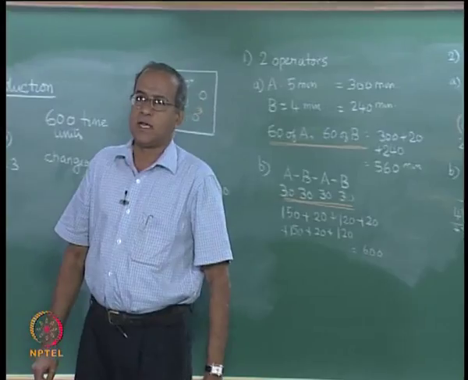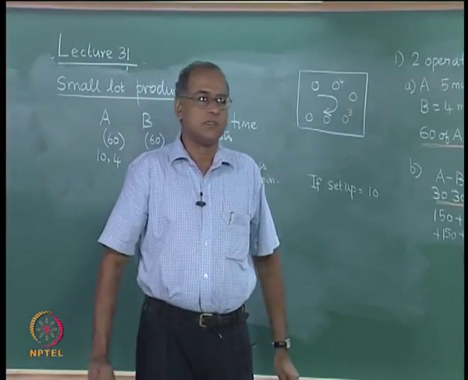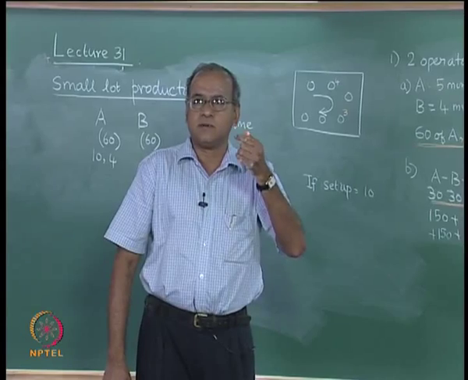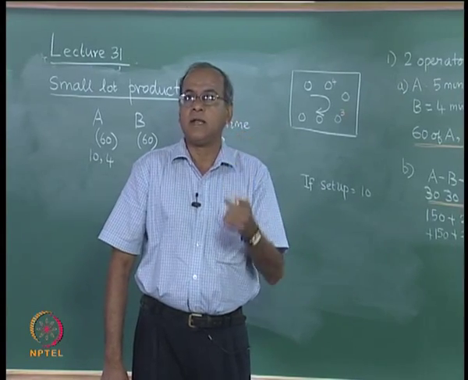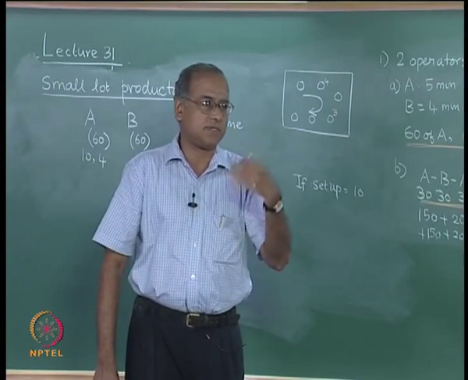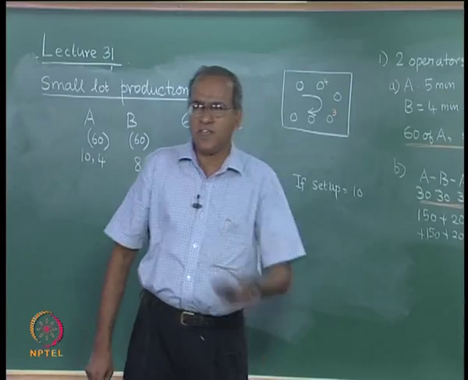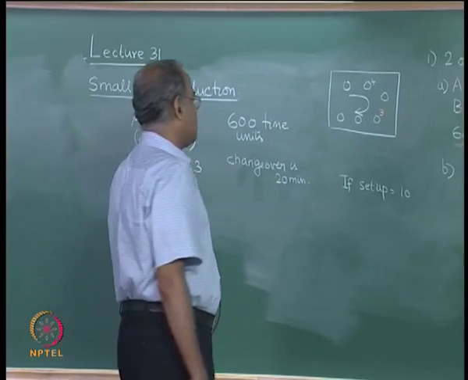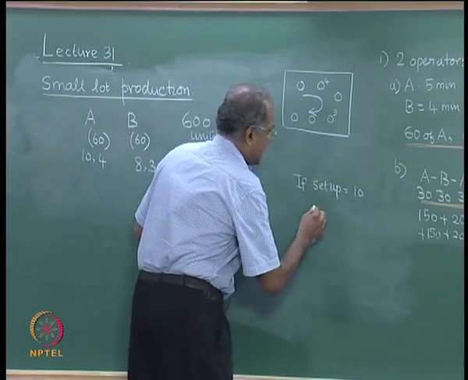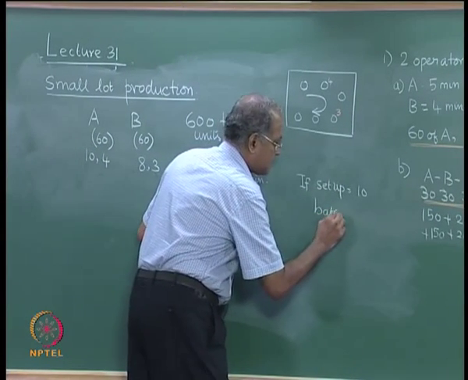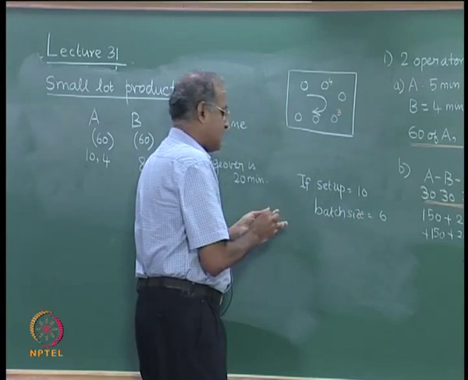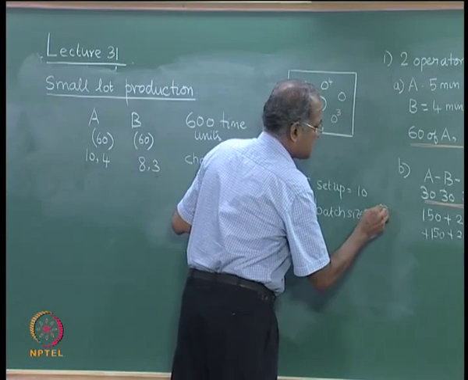So, maximum time is 600. So, 180 is available. If the setup time is 10 minutes, 18 setups are possible. So, if we create another 10 minutes from somewhere, we can have 19 changeovers, which means the batch size can become 6.